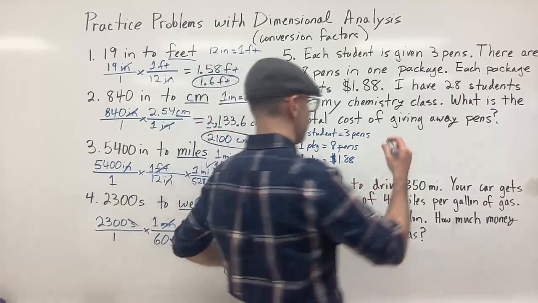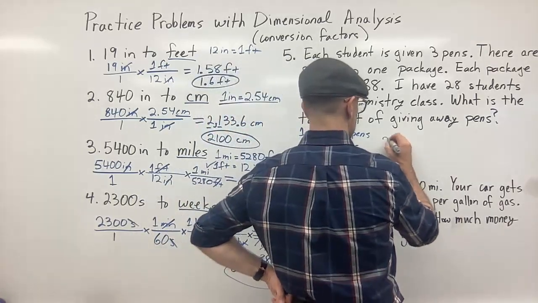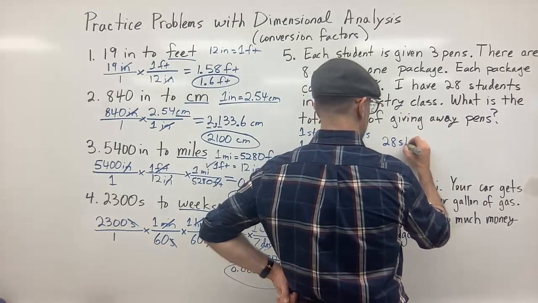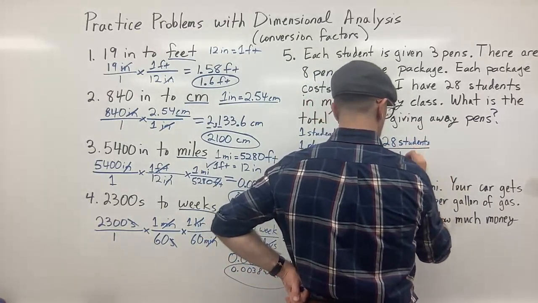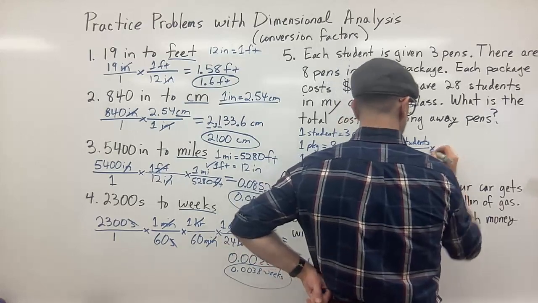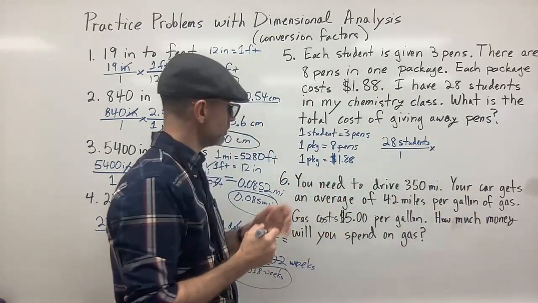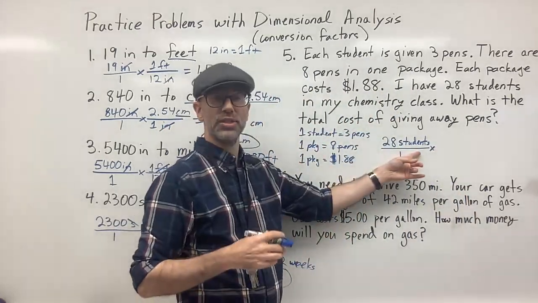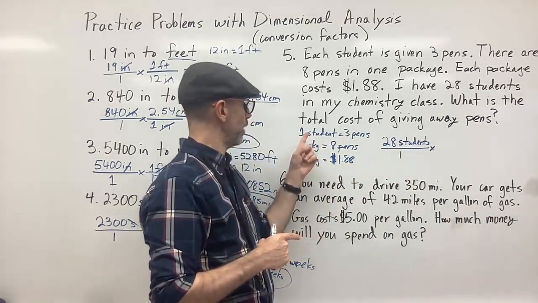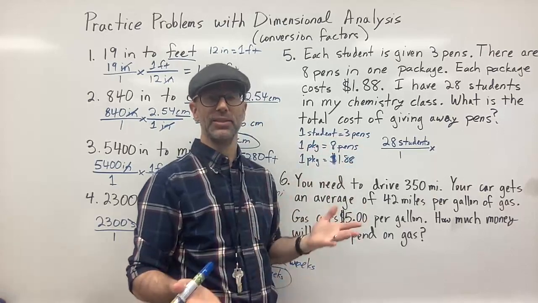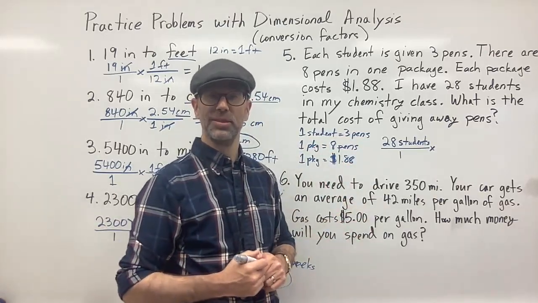So we start with 28 students over 1. And so my first conversion, I need to convert students to something. Do I have a relationship between students and something else? I do. I know that one student is equal to 3 pens. So let's convert students to pens.